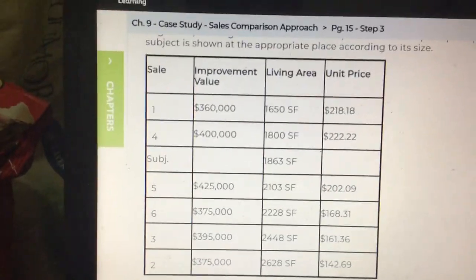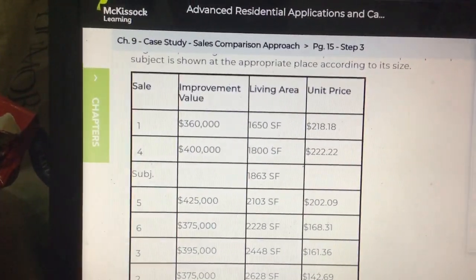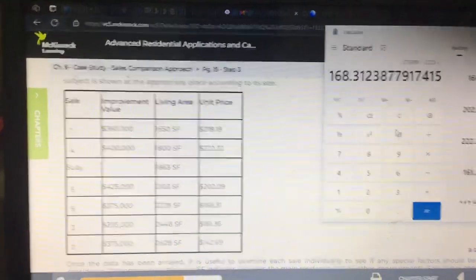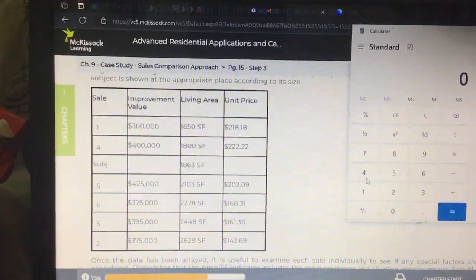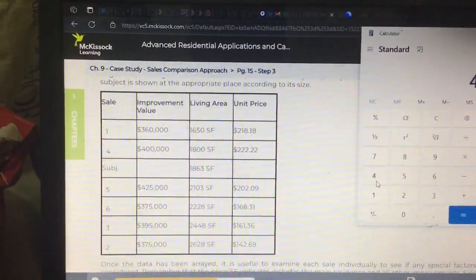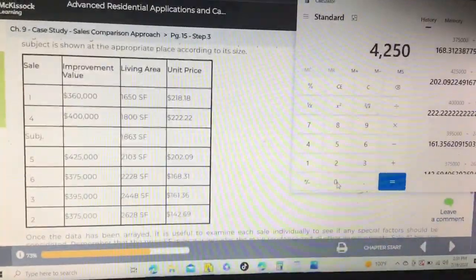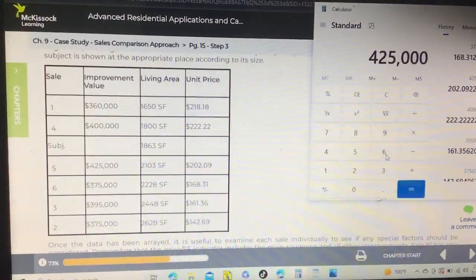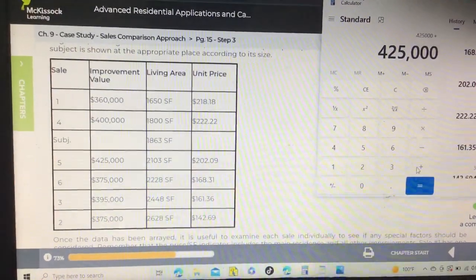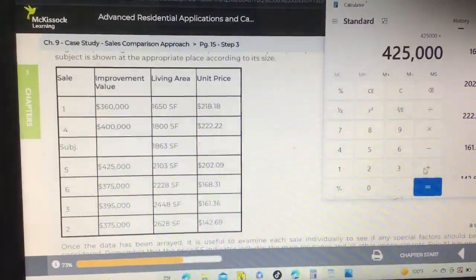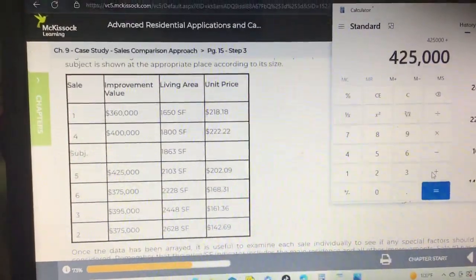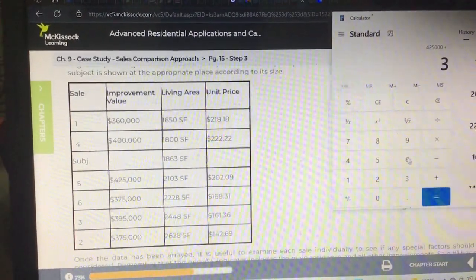So going off of that, let's pull out our calculator. 425,000 plus a low of 360.